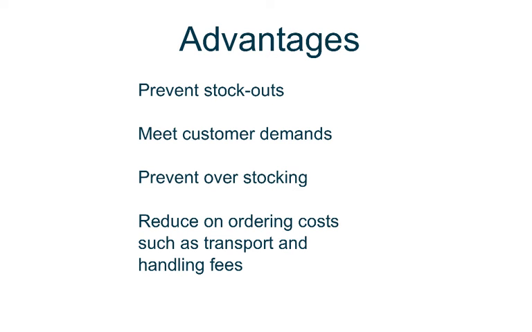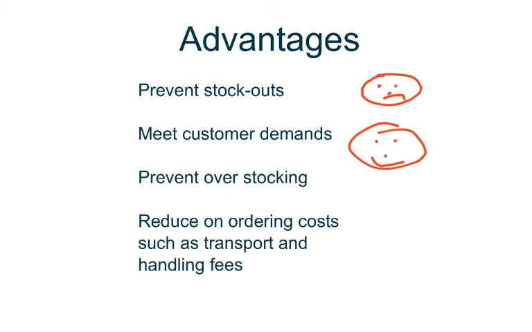So what are the advantages? On the previous pages, you can actually see the advantages of using the economic order quantity model, because we can prevent stock outs. If we have stock outs, our customers would become very angry. We want to meet customer demands, because then our customer will be friendly and he will come back.